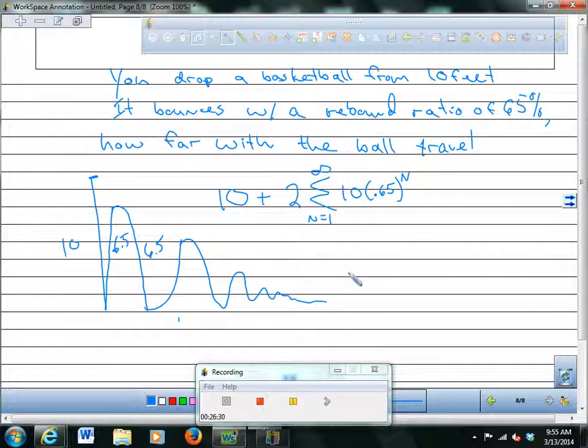Understand that? Because on the first bounce, if I plug in 1 in here, I'm going to get 6.5, but it's doing that 2 times. It's going up once and then down once, and it's going up and down, up and down.